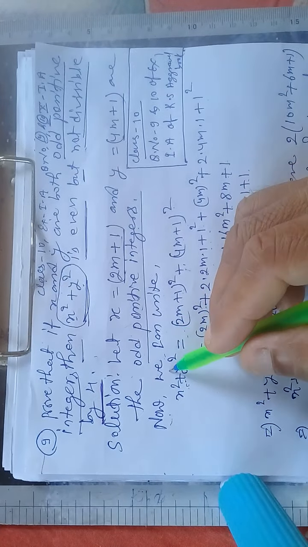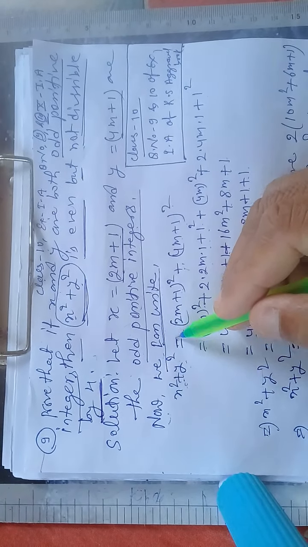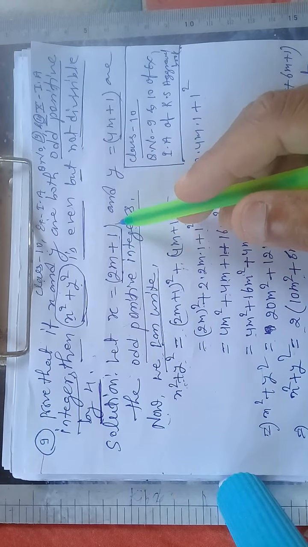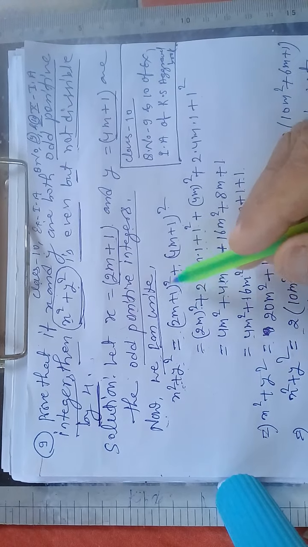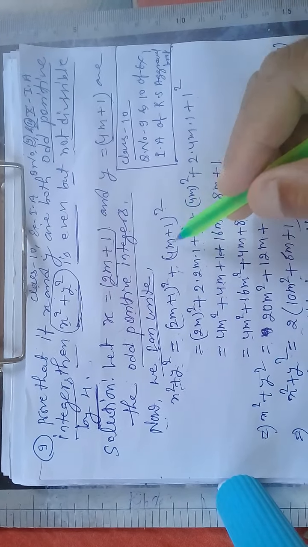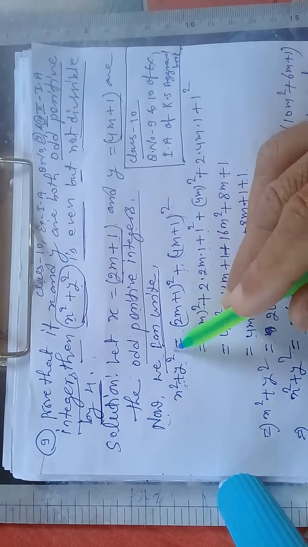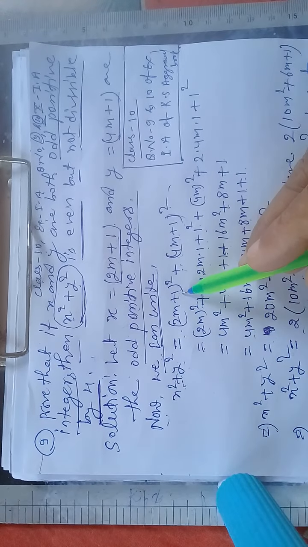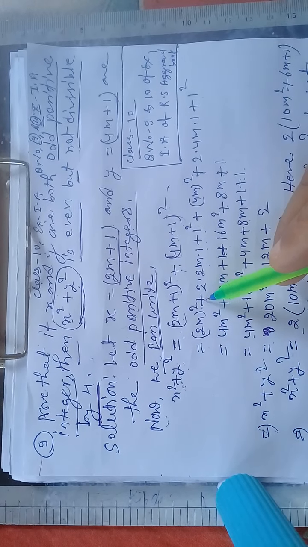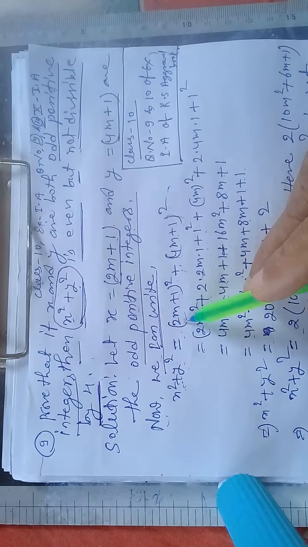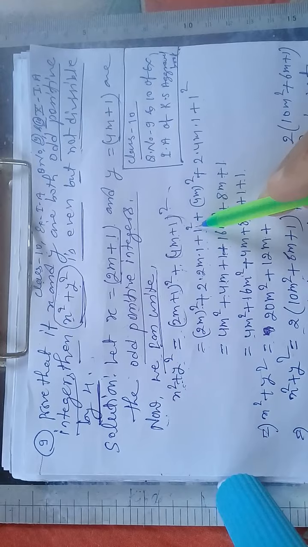Now we can write x square plus y square is equal to, where the value of x is 2m plus 1, (2m plus 1) whole square plus, where the value of y is 4m plus 1, (4m plus 1) whole square. Using (a plus b) whole square, it means (2m) square plus 2 into 2m into 1 plus 1 square.